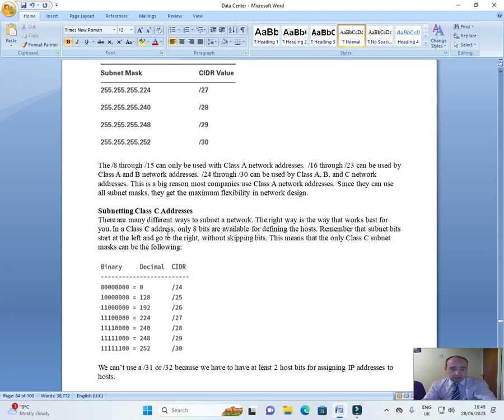In a Class C network address, only 8 bits are available for defining the hosts. Remember that subnet bits start at the left and go to the right without skipping bits.